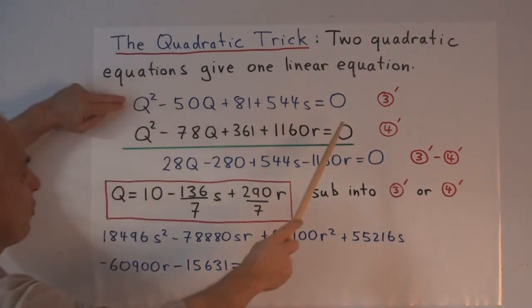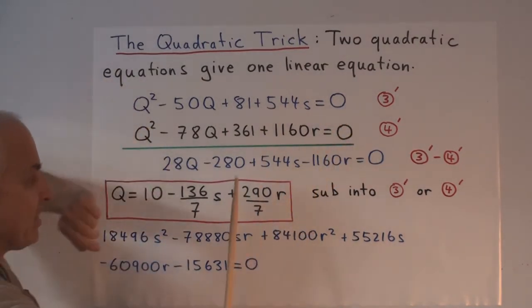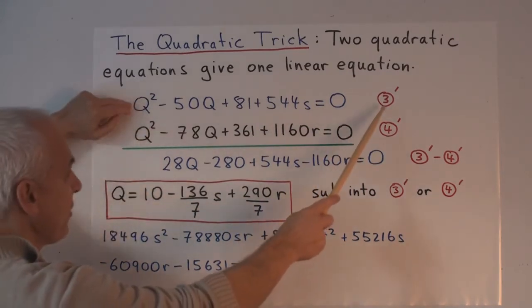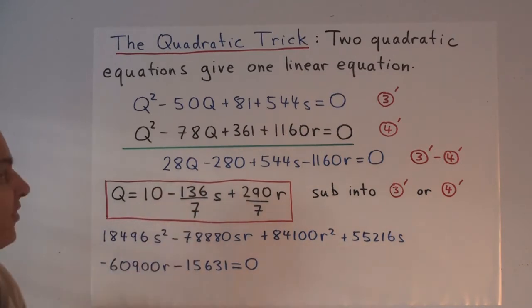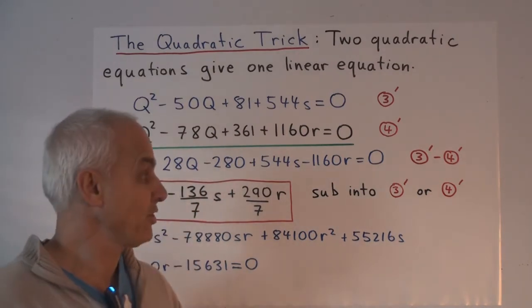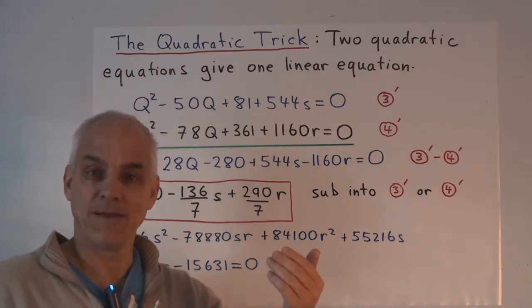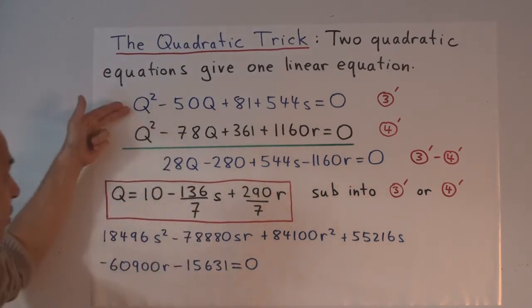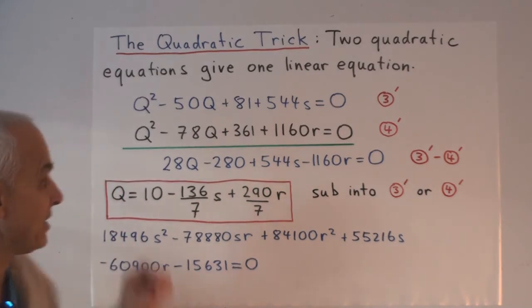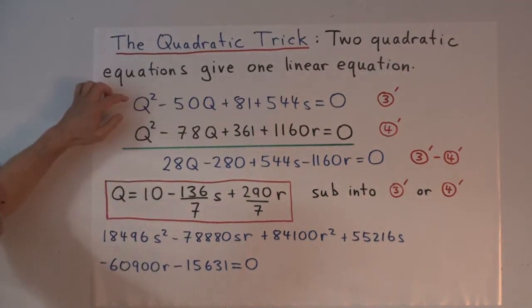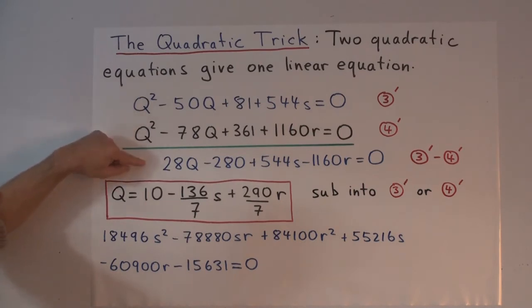So if we take those two equations that I wrote down on the previous page, I called them 3 and 4 there, and we just write them out and put everything on one side. And what we can do with them is we can take the difference to get rid of the quadratic term. If the two equations had different coefficients here, then we would have to take a linear combination of them to get rid of the Q squared.